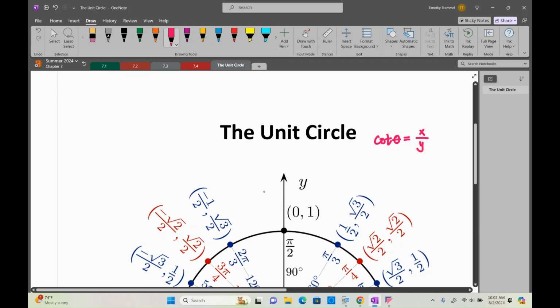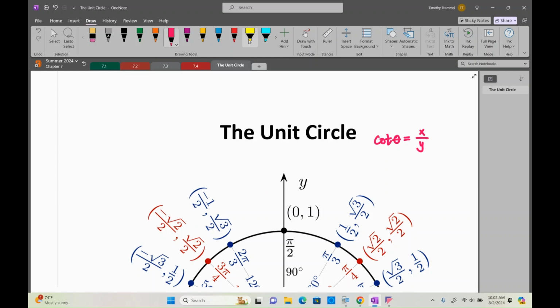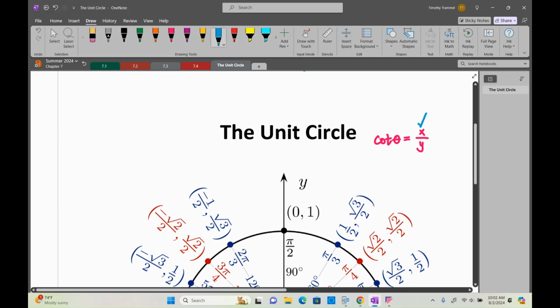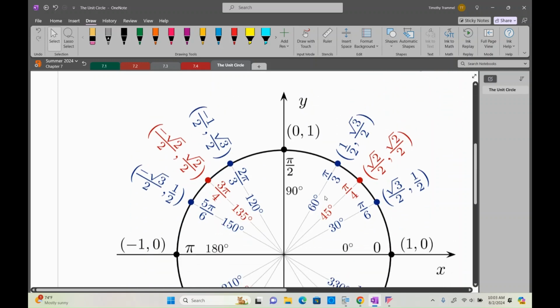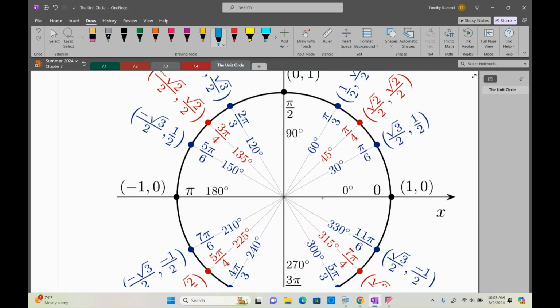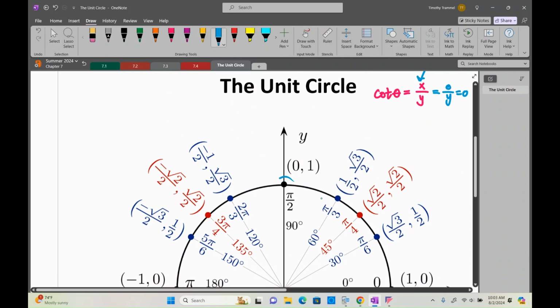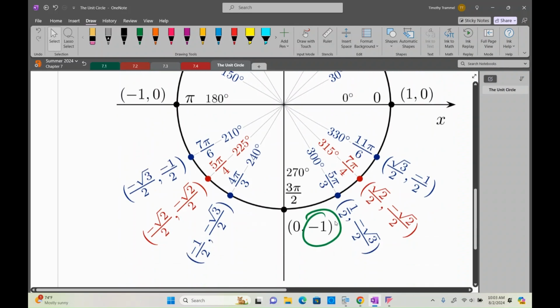So if we want cotangent of theta to be 0, what we really need is the x value to be 0, because then you get 0 over y, which is 0. So the x value is 0 in two places. We have here and we have down here.